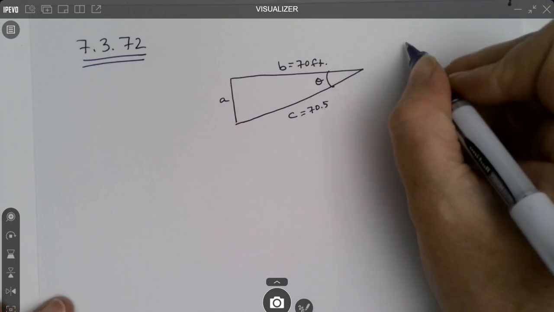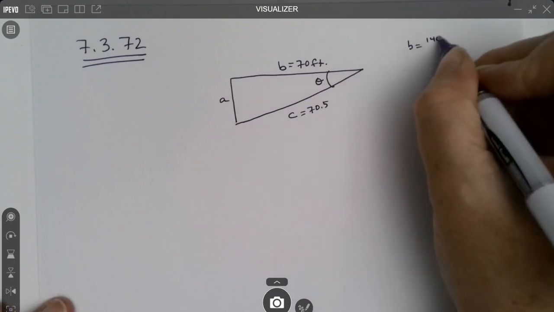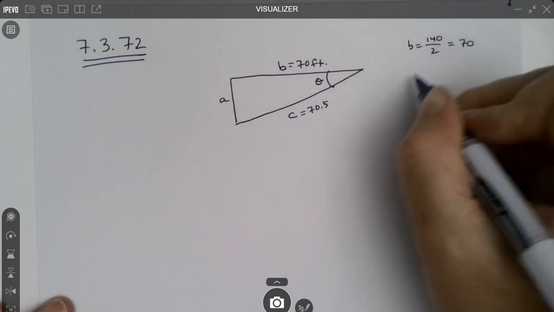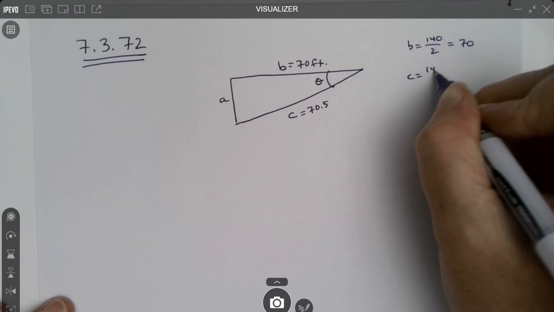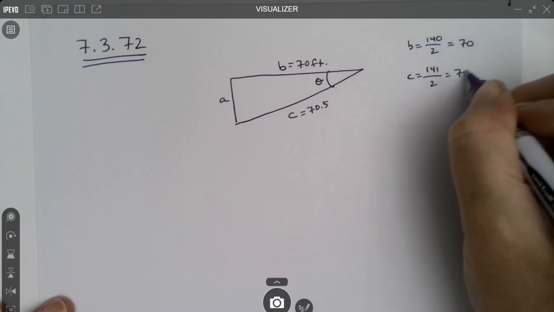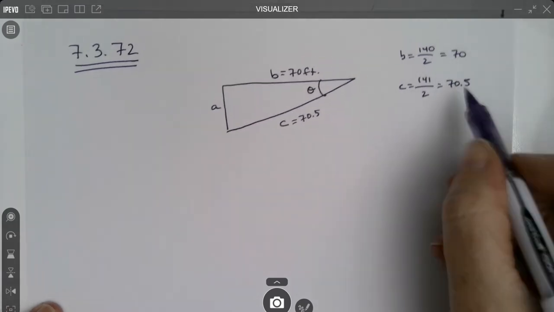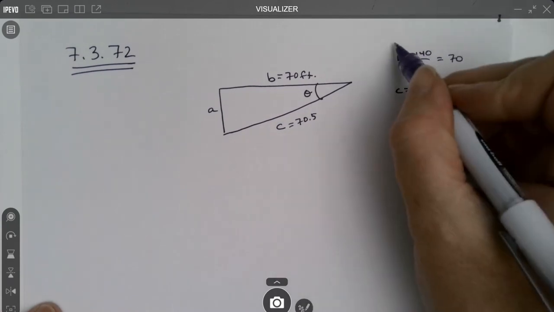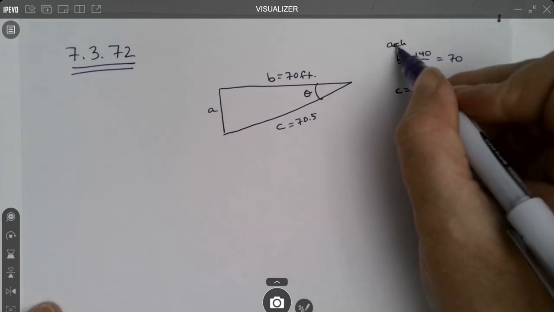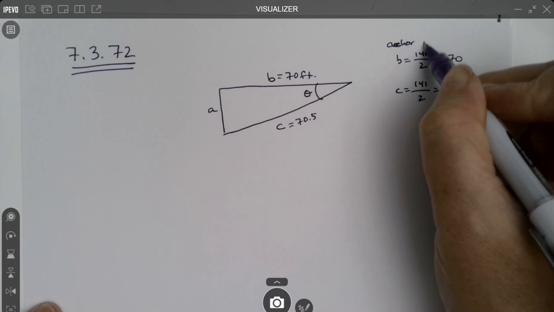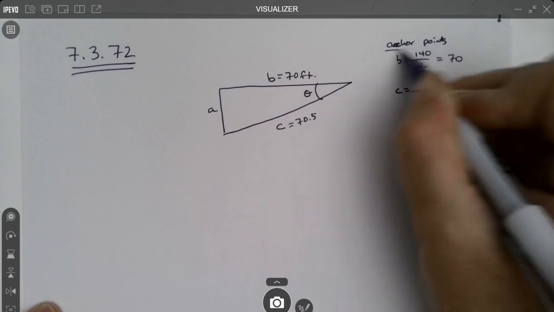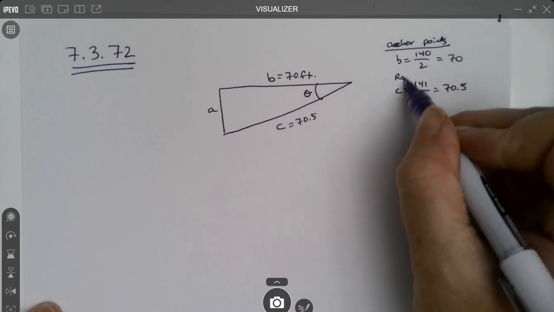So let me just write this out. B is 140 divided by 2, and C is 141 divided by 2. B is because of the anchor points. Sorry, I spelled anchor wrong. Anchor points, right? C is because of the rope.